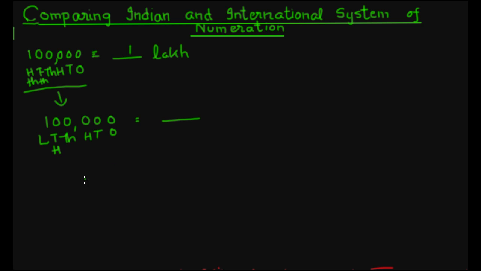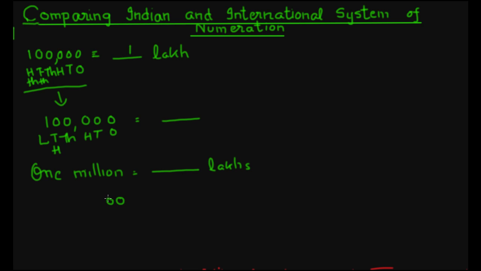What about 1 million? Let me give you a question. We have this 1 million. 1 million is equal to how many lakhs? Now the best way to do it is write 1 million.